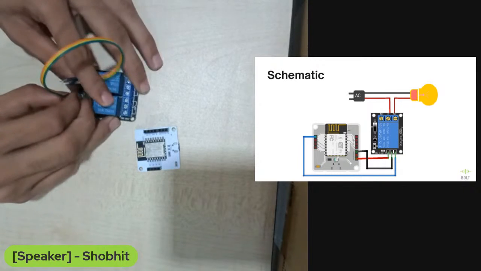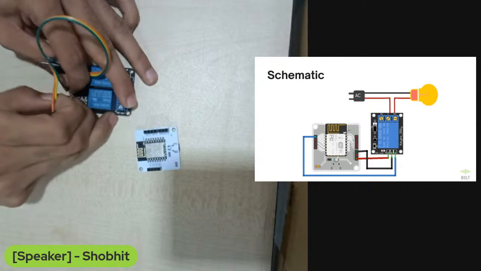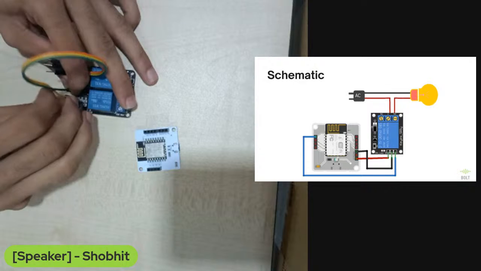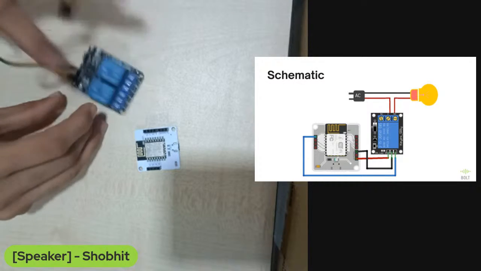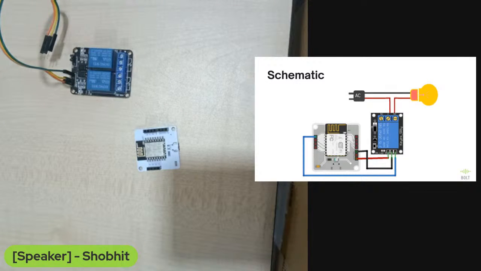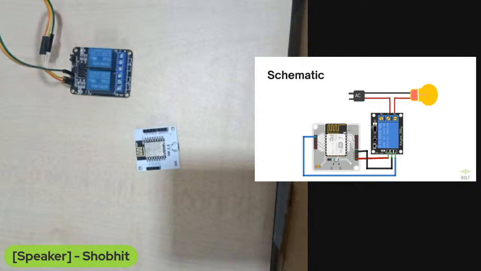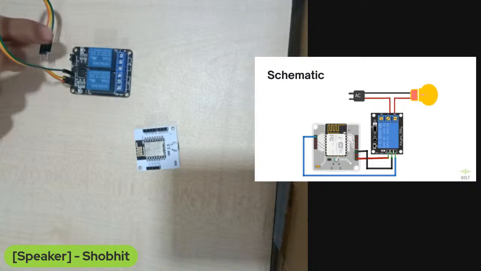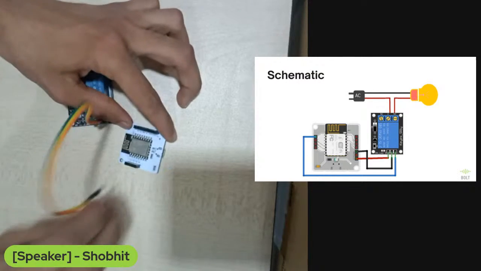Alright. So now I'll make connections to the Bolt Wi-Fi module accordingly. So first connection that I'm going to do is I'll connect 5 volt to 5 volt. So in your relay, you will see a pin named VCC. So I'll be connecting VCC to 5 volt of the Bolt Wi-Fi module.